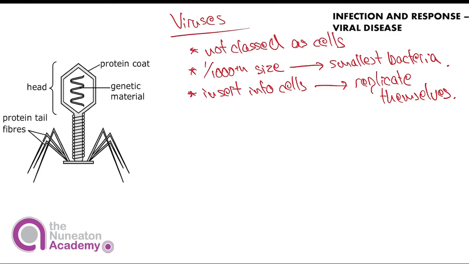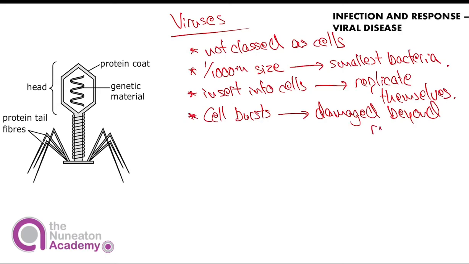And as they replicate themselves, they simply do it again and again and again until basically the cell that they are in bursts and is damaged beyond repair, really. Quite simple in their process, but quite effective.